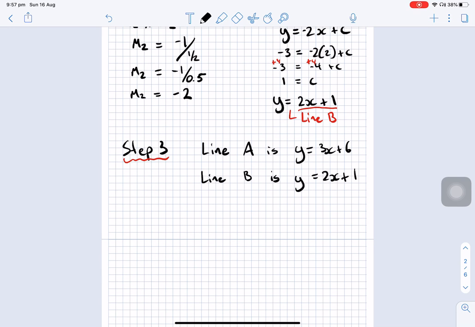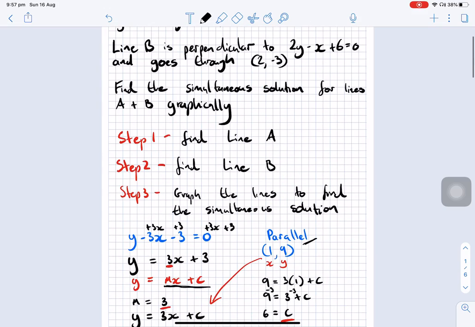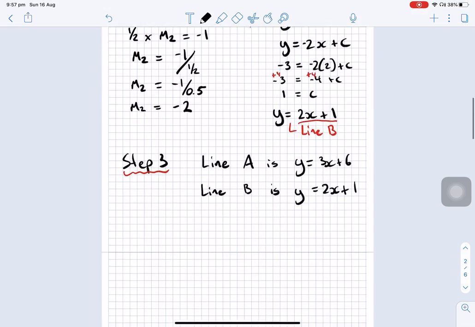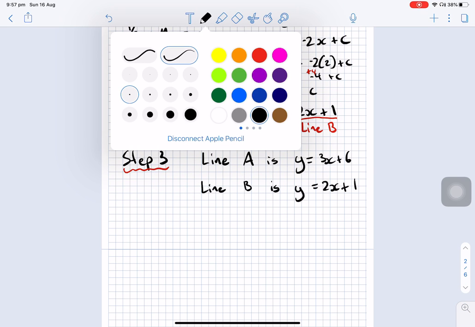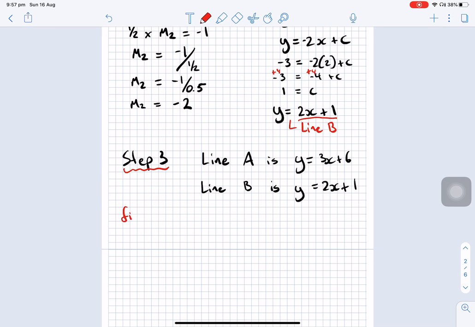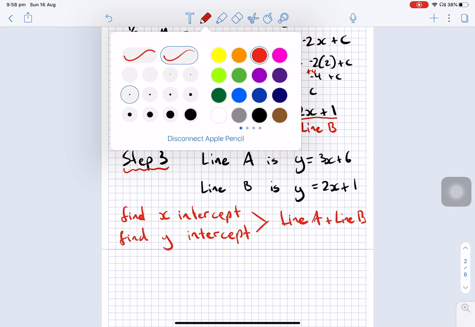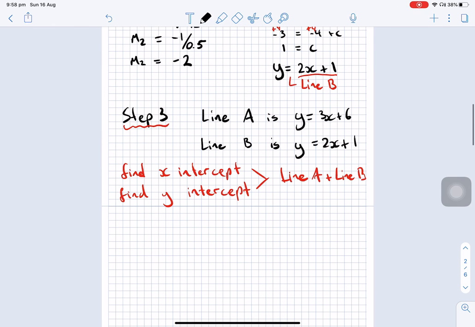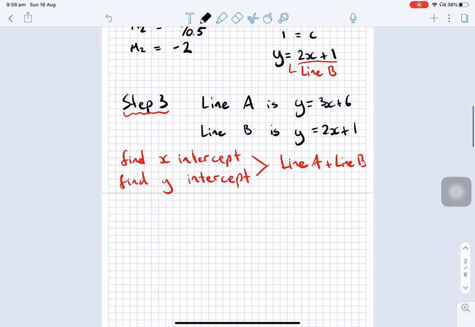So there are two lines. Now, step 3, all the way up here, was graphing the lines to find the simultaneous solution. The way that we graph something is we want to find the x-intercept and we want to find the y-intercept, and we want to do that for both lines, for line A and line B. To find our x and y intercepts, you should be very familiar with this.